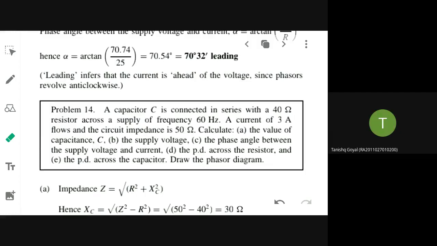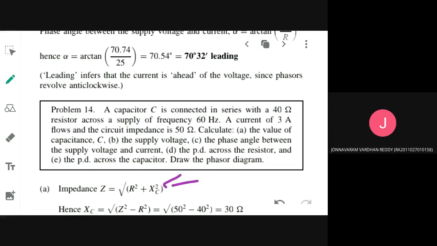Using the impedance value. You know what is R, you know what is impedance. From that, indirectly you can find out XC. XC is 30. What about C? 1 by omega C is equal to XC, but C is asked. Find C also.